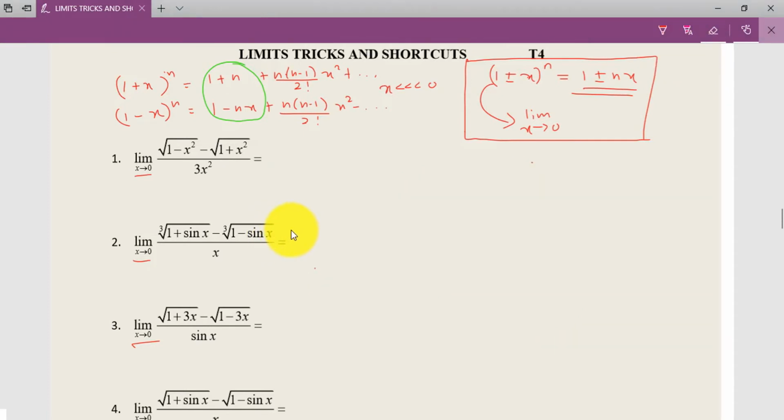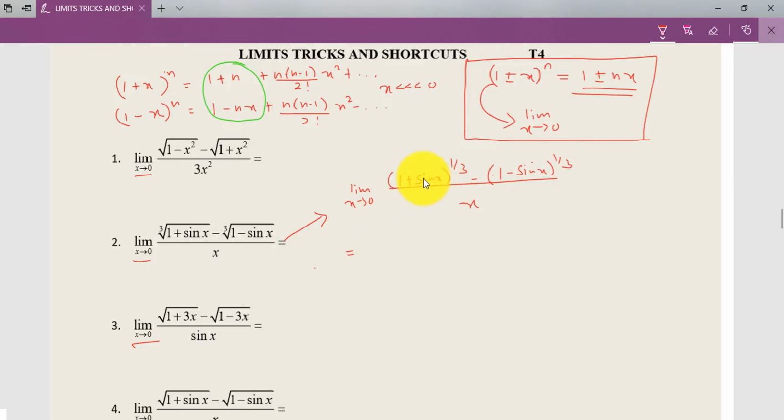Okay, now the second problem, let me evaluate. I do not always write x tends to 0, because it is already understood. So the expression is (1 plus sin x)^(1/3) minus (1 minus sin x)^(1/3), the whole divided by x.